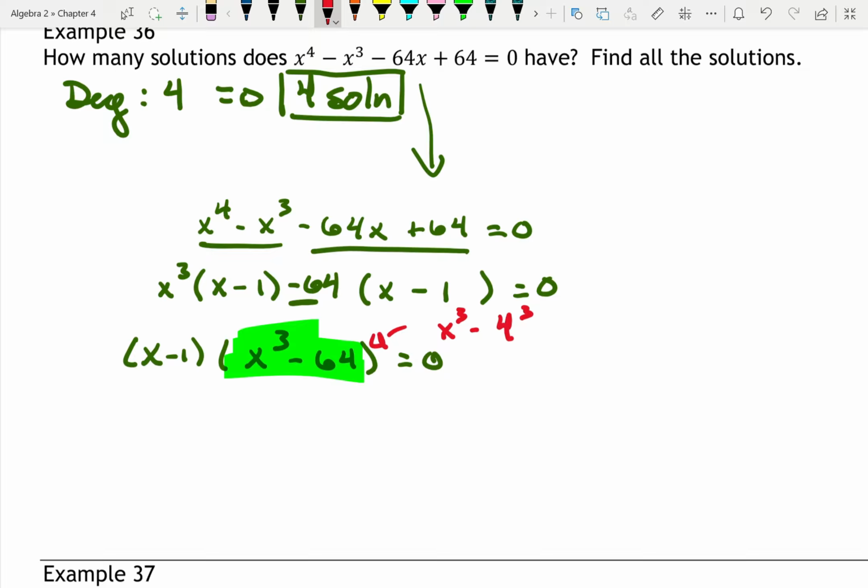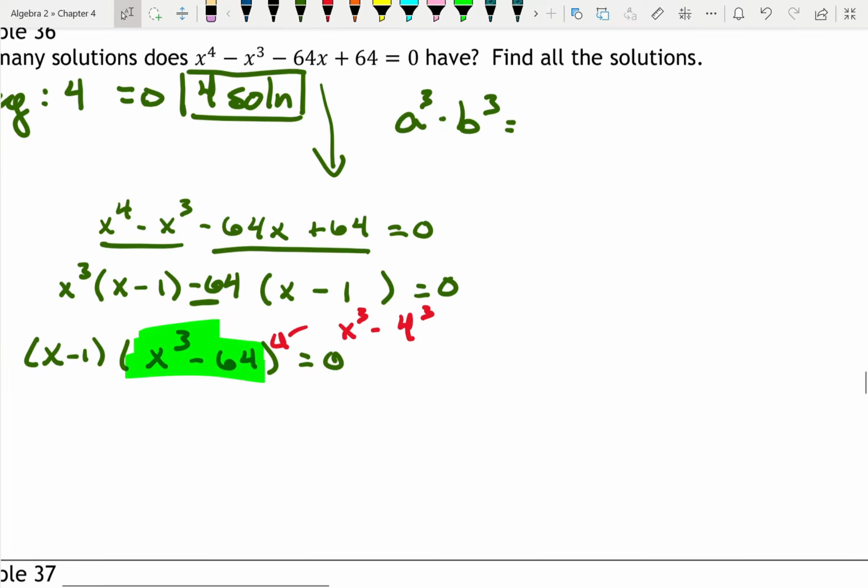Again, we have a formula for that. It's a formula that I don't normally make people memorize, but I do want to look at it here now. Let me see if I can find the formula really quickly. a cubed minus b cubed equals a minus b, then a squared plus 2, is it 2ab?